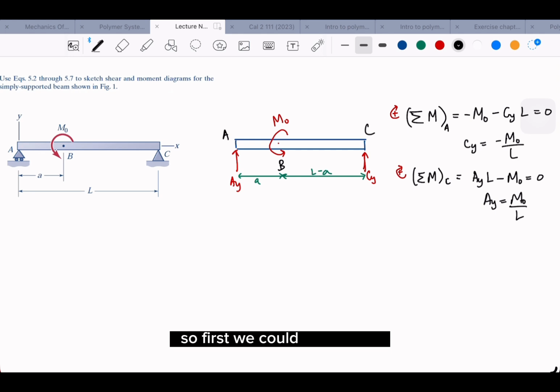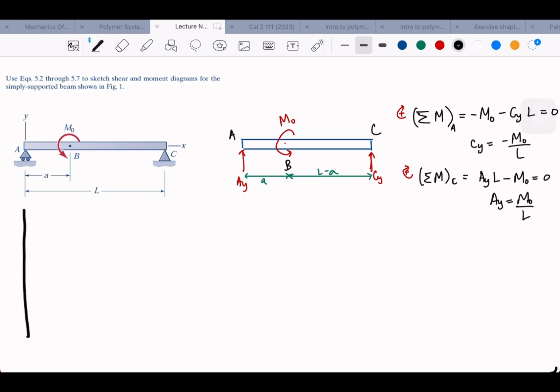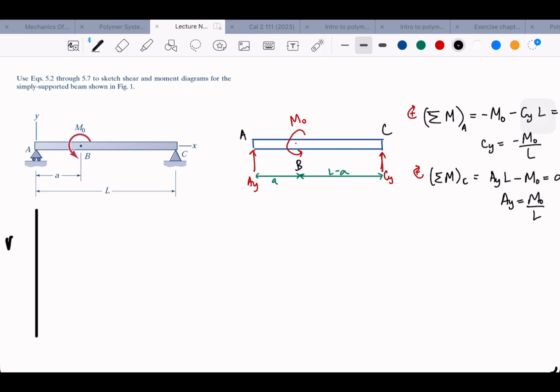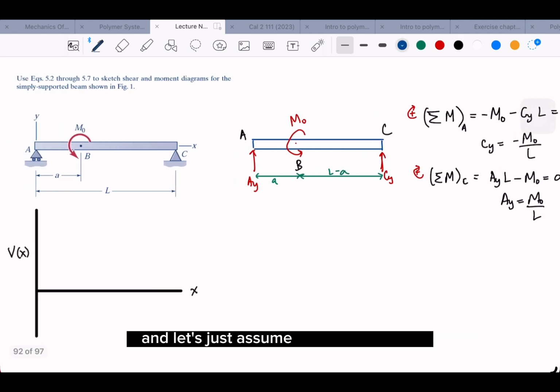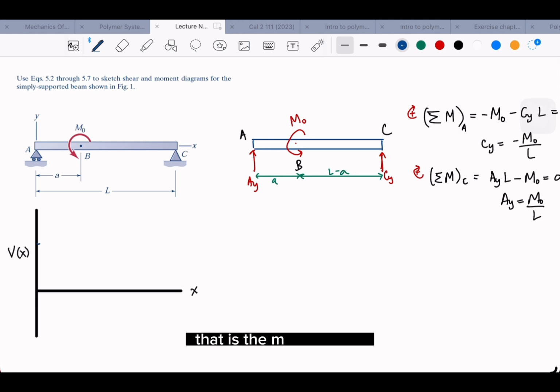So first we could describe here, that is for V. So let's say this is V, and then let's say this is X. Okay. So we start from AY, which is M0 over L, and let's just assume over here that is the M0 over L. Okay.